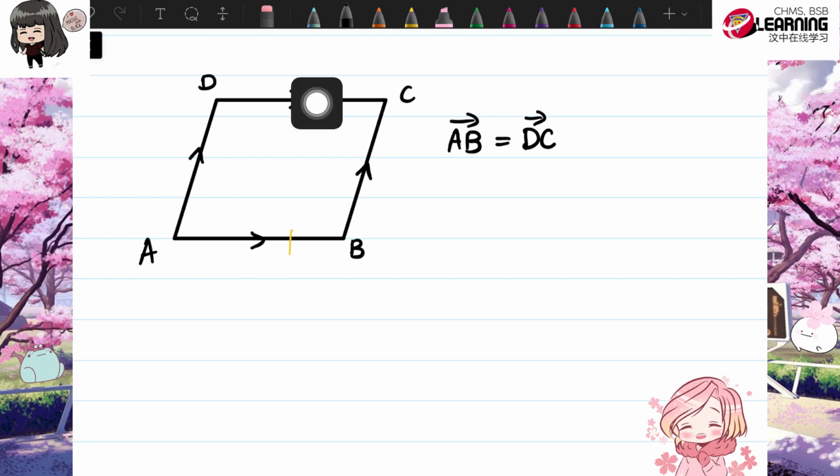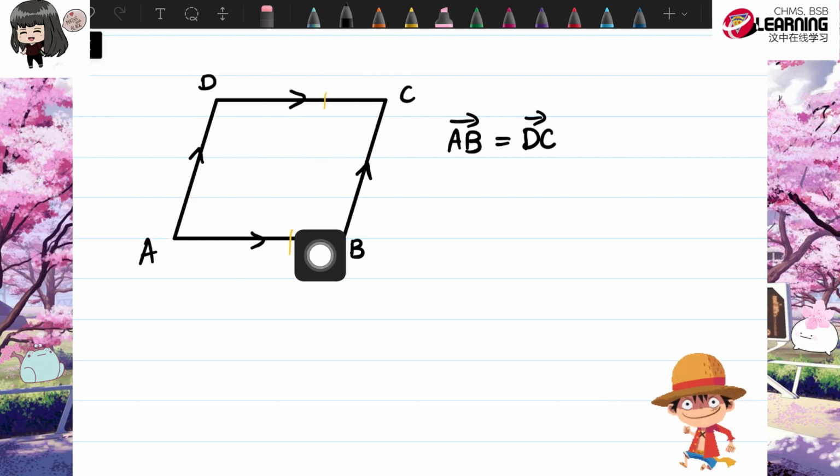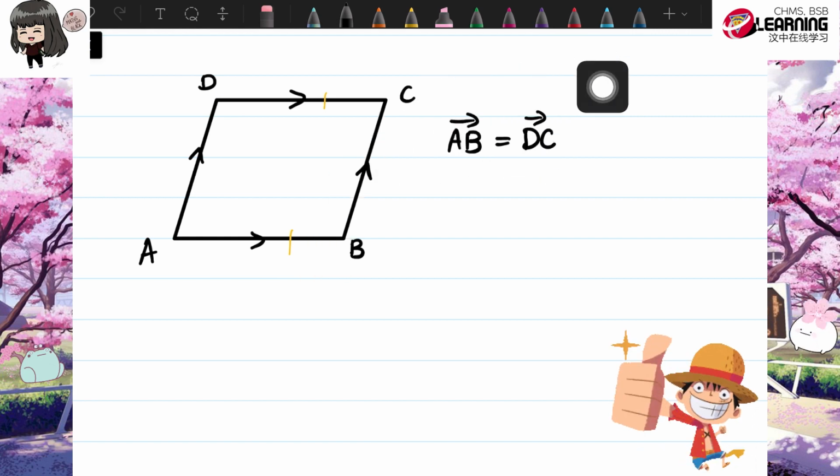If they have the same magnitude, the same length, and they are parallel, or they have the same direction, then we can say that they have the same vector, right?